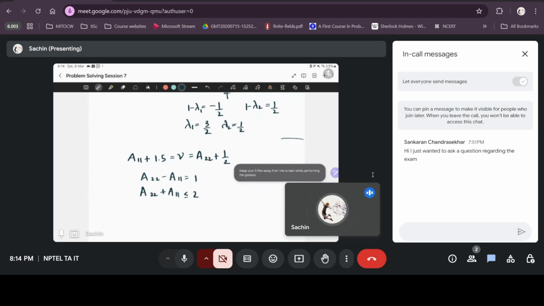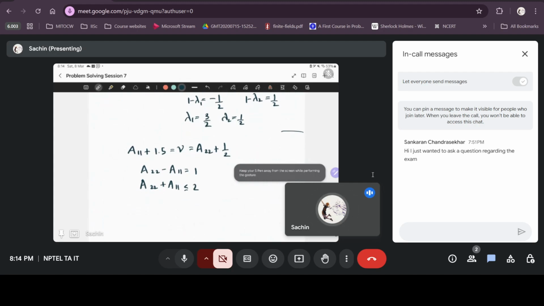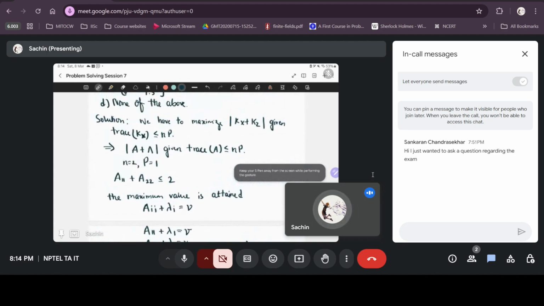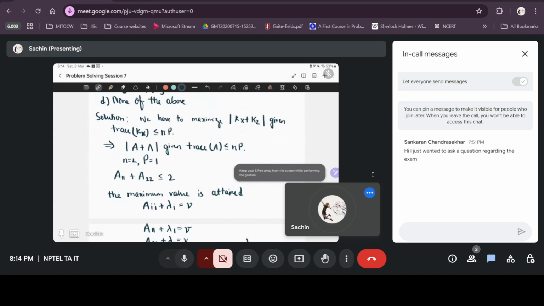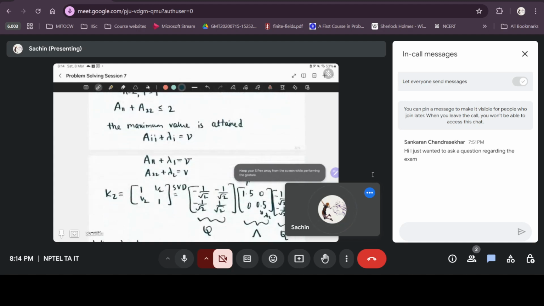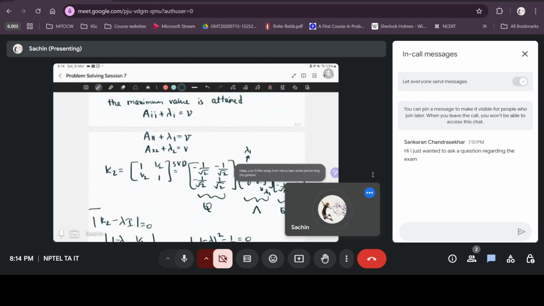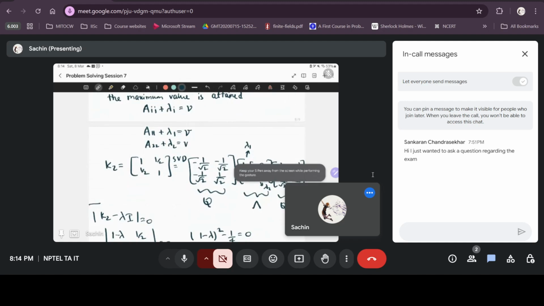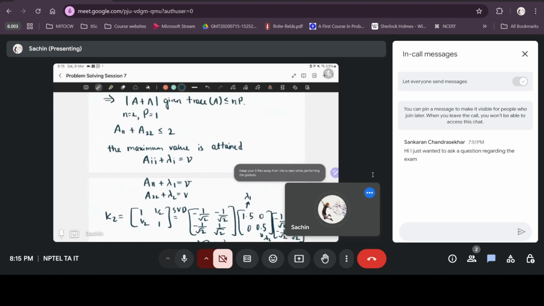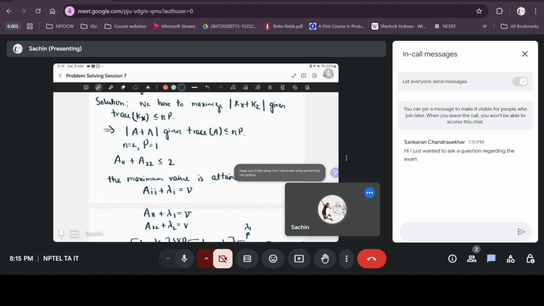So we have to maximize the determinant of A plus lambda, which is less than or equal to the product of A_i plus lambda_i.